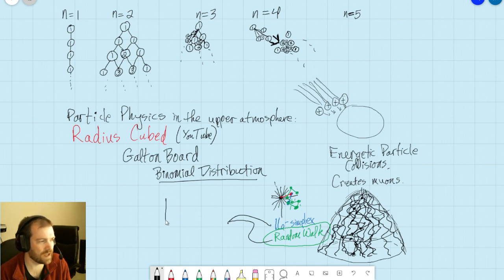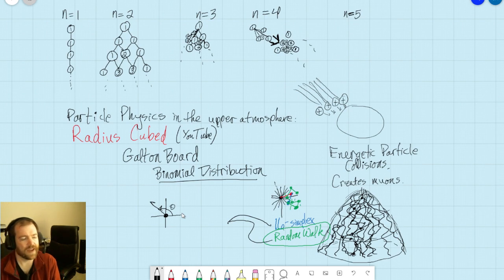You could do this in a completely 100% continuous sense, where there is some angle theta which is going to be your new direction. Every time you can just pick a new random angle from 0 to 360 degrees, from 0 to 2 pi radians, pick a random direction, move down one layer, pick a random direction, move down one layer. And again, just keep repeating that pattern.